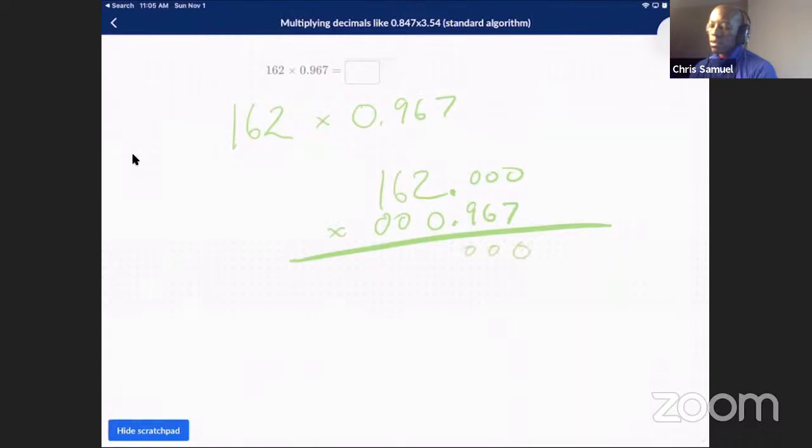Go 7 times 0, 0, 0, 0. And then we have a decimal point here. And we have 7 times 2 is 14. 7 times 6 is 42 plus 1, 43. And then we have 7 times 1, and then you have 7, 8, 9, 10, 11. Okay.